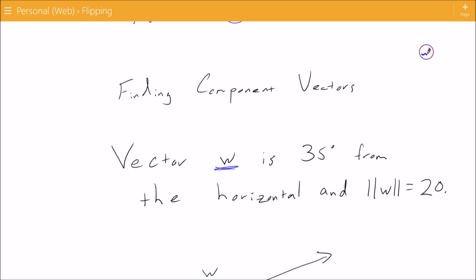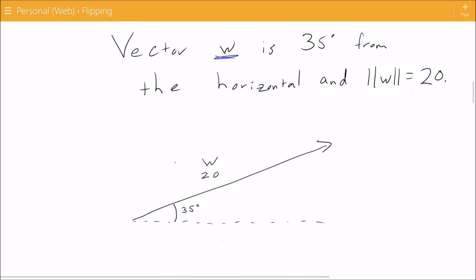So first thing I'm going to think of and draw is a picture. So here's my vector, and the magnitude of this is 20. I went ahead and marked down the magnitude here. And I know that I'm 35 degrees from the horizontal. The horizontal is that dashed line that I marked in there. And I know I've got a 35-degree difference.